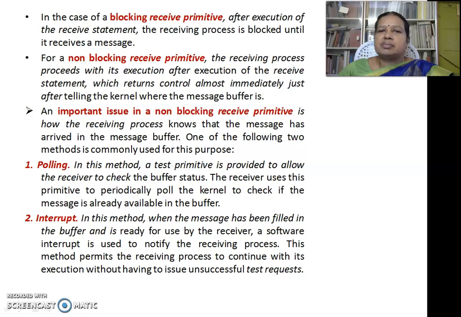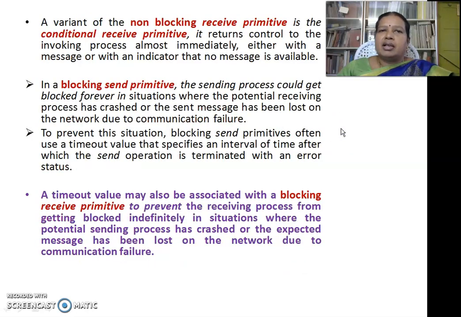In this method, when the message has been filled in the buffer and is ready to use by the receiver, a software interrupt is used to notify the receiving process, so it can continue with its execution without having to issue unsuccessful test requests. Another variant of non-blocking receive primitive is the conditional receive primitive.